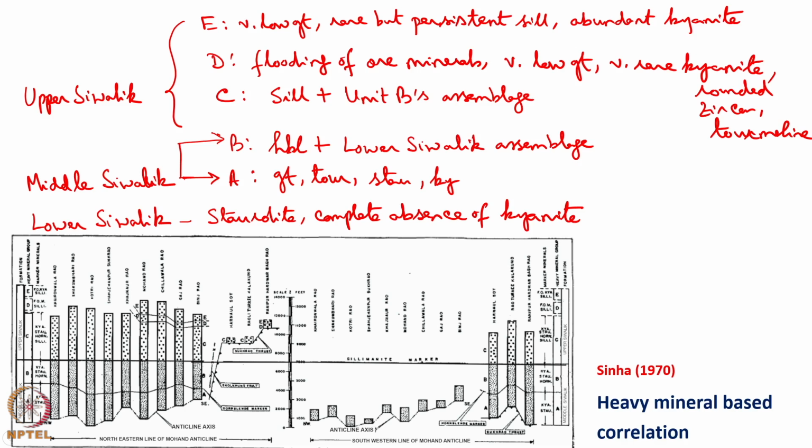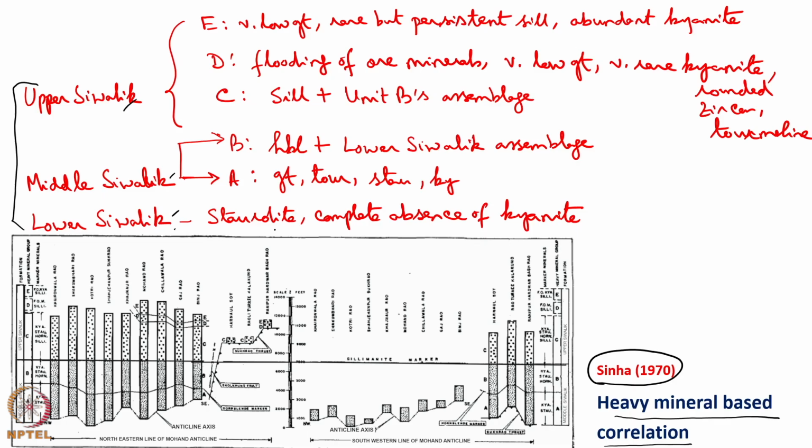Now I come to the research paper. Sinha 1970 has correlated the different sections in the Mohand area based on heavy minerals. Sinha classified Shivalik into three parts, lower, middle and upper, or put in another way, Sinha provided heavy mineral information for the lower Shivalik, middle Shivalik and the upper Shivalik.